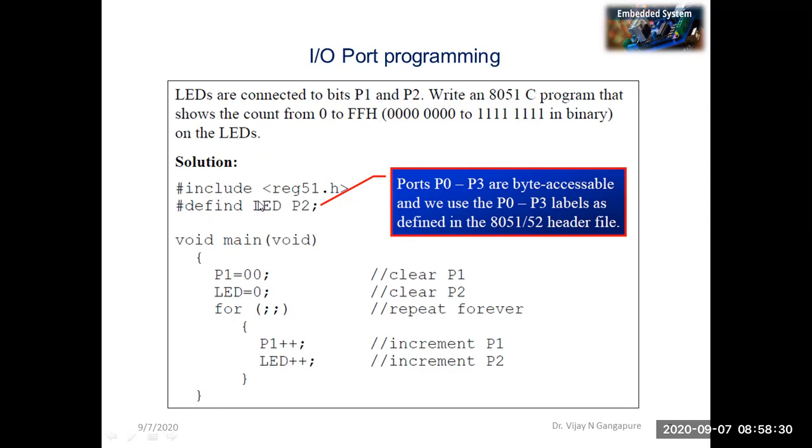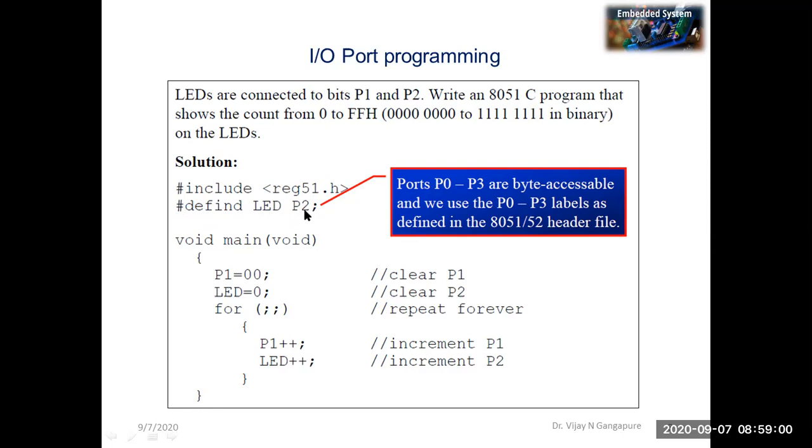So for that the program is written. We include the reg51.h header file in our program. Then see here, hash define. This is not D, this should be E. So hash define, space, LED in capital, space, P2 and semicolon. Here I am declaring a symbolic constant, and that symbolic constant is LED.